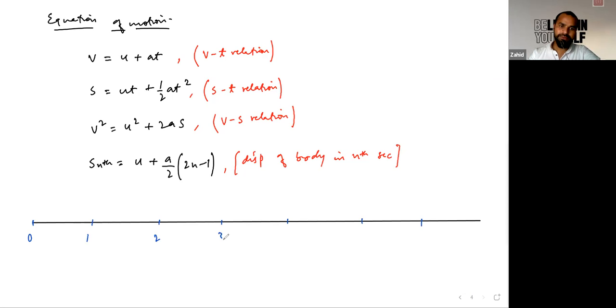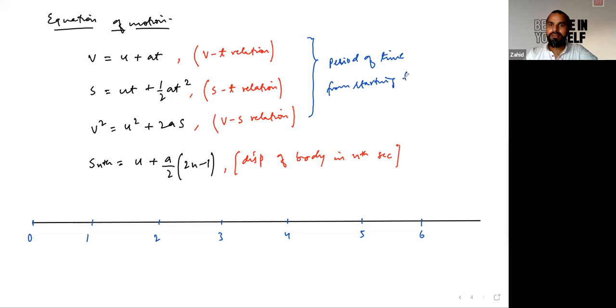These three equations are defined for a period of journey, from the starting point to that particular final point.